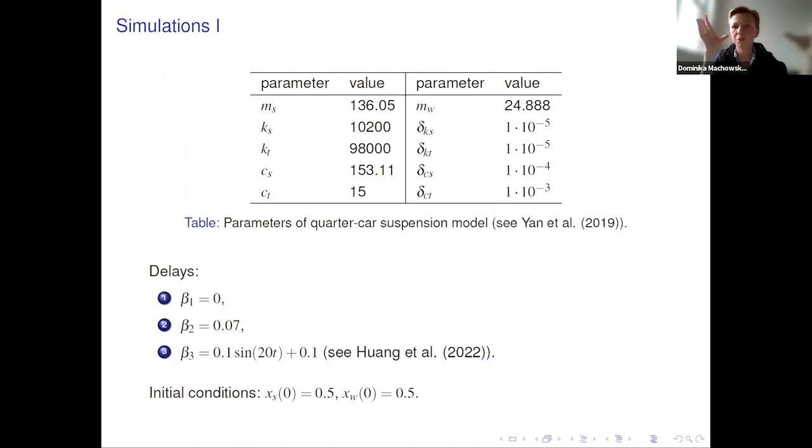So in the first part of the results, we focus on the constant strategies. Further, we analyze the time varying strategies, and for those strategies, we apply different delays. One of these is 0, so without any delays, the constant delay and the time varying delay.